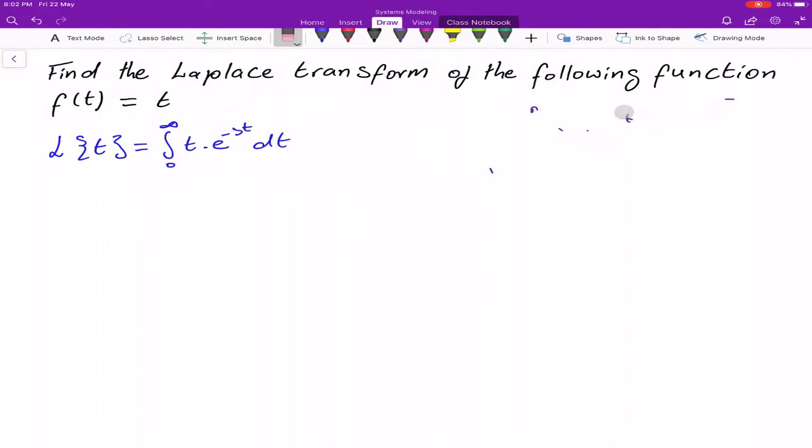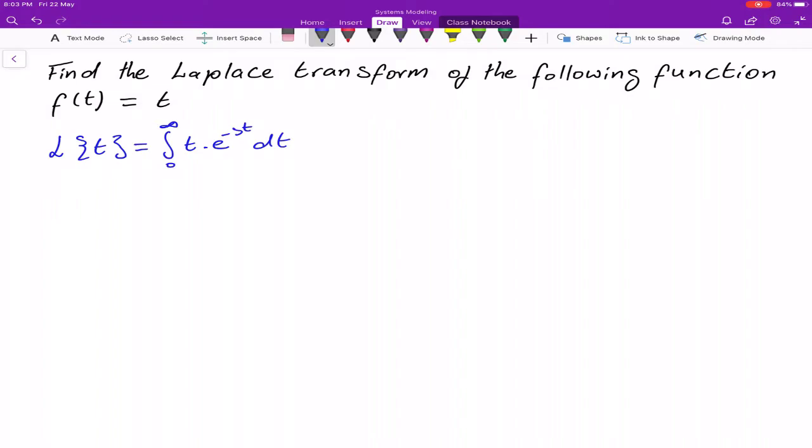Let me just clean off this. So again, having this equation, you can see that we have an exponential multiplied by t. And the easiest way to solve this is we need to use our integration by parts again.